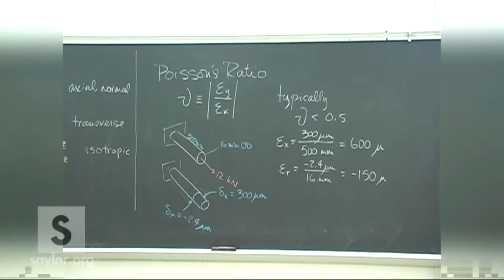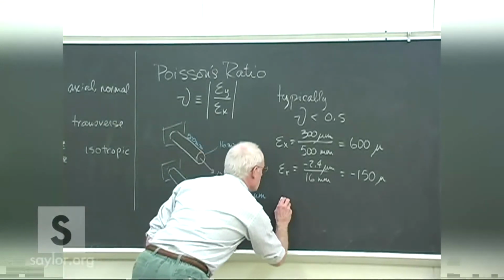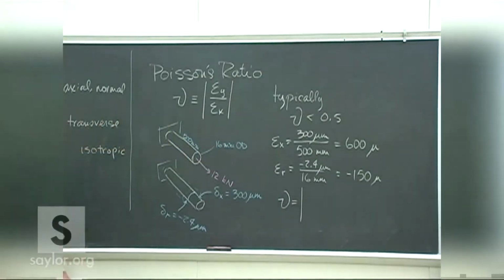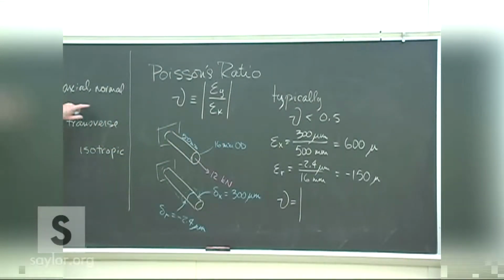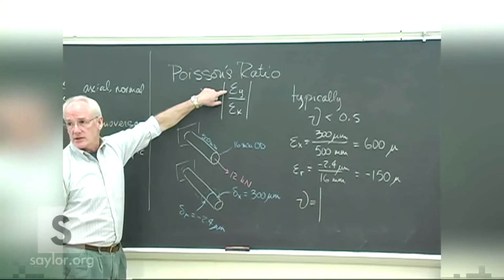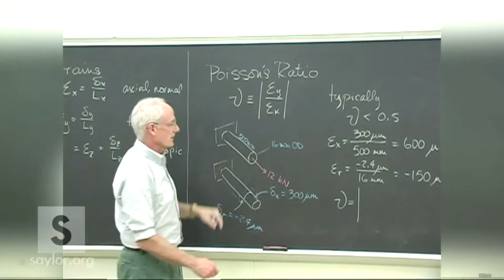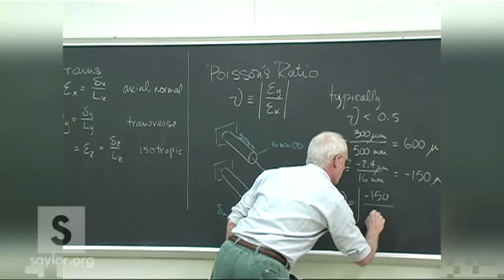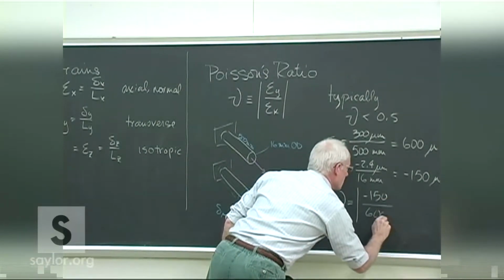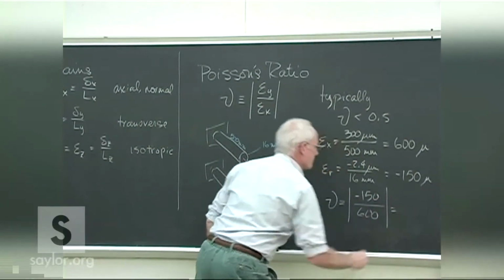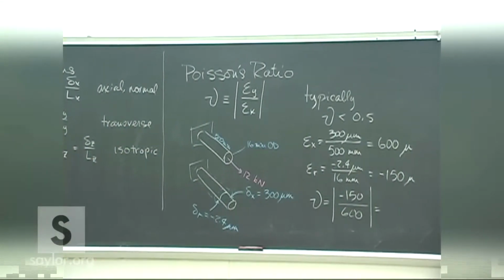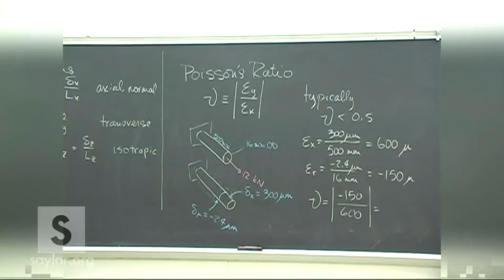All right, and then we can use that to calculate Poisson's ratio by looking at the transverse strains over the axial strains. Over 550 over 600, so about a quarter, 0.25.